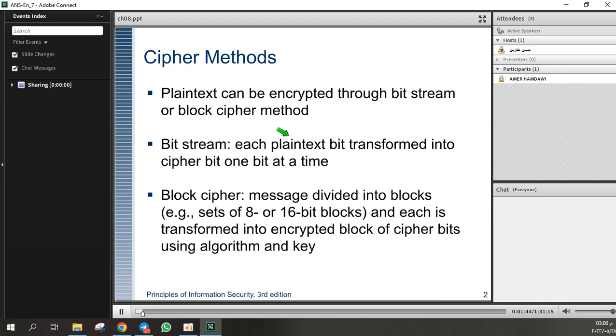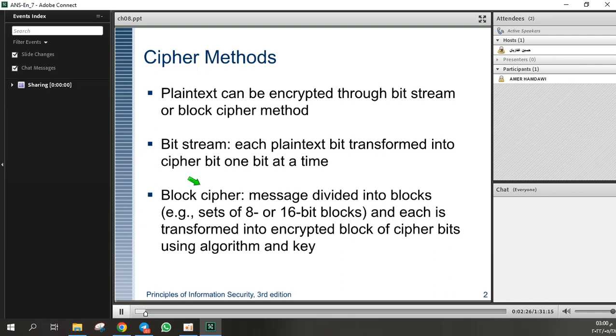Those data is continuous. It's transferred one bit at a time, one after the other. But when we are talking about block cipher methods, it means that firstly, I should divide my data into blocks with specific length.